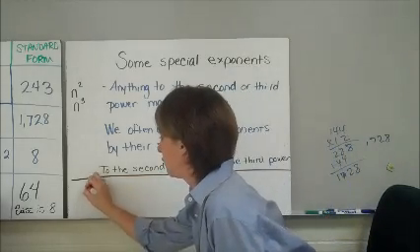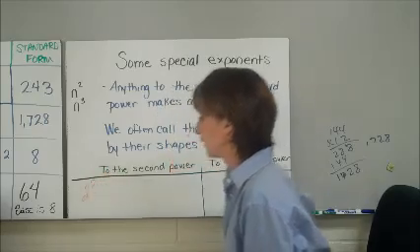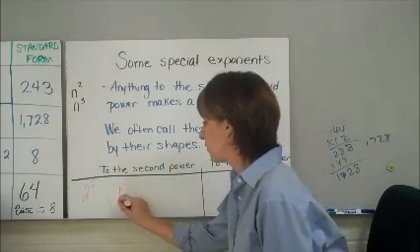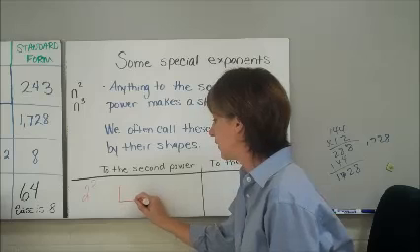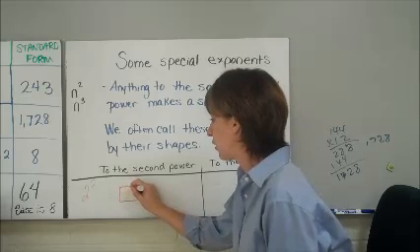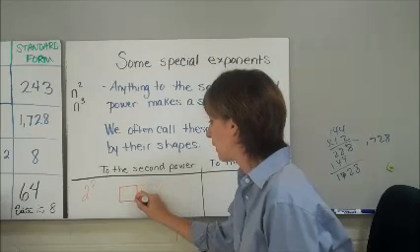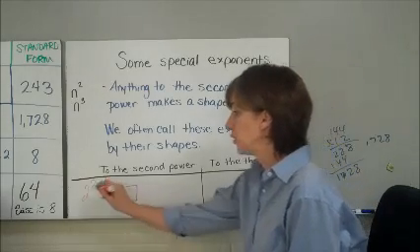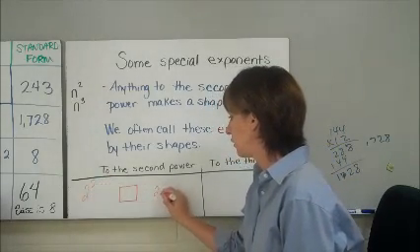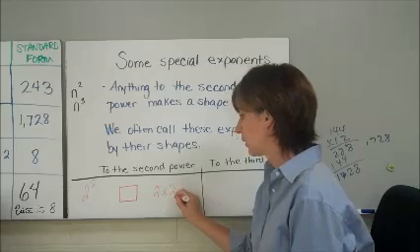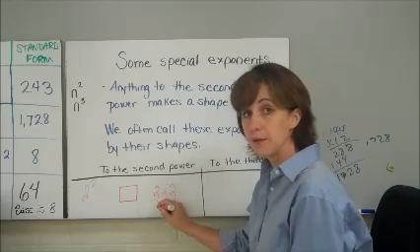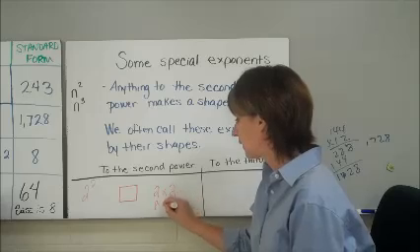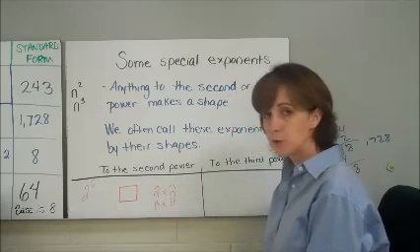Let's do 2 to the second power, which means that it would be 2 this direction and 2 this direction. And when I close my shape, I have a square. 2 to the second power is 2 times 2. 2 times 2 can very easily represent the base and the height of a square.